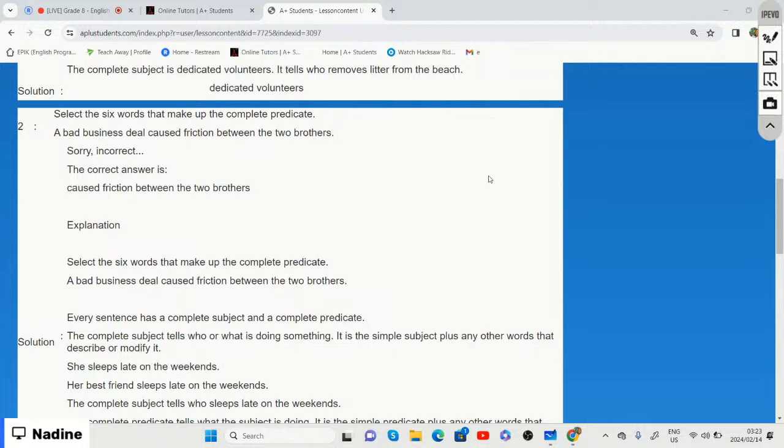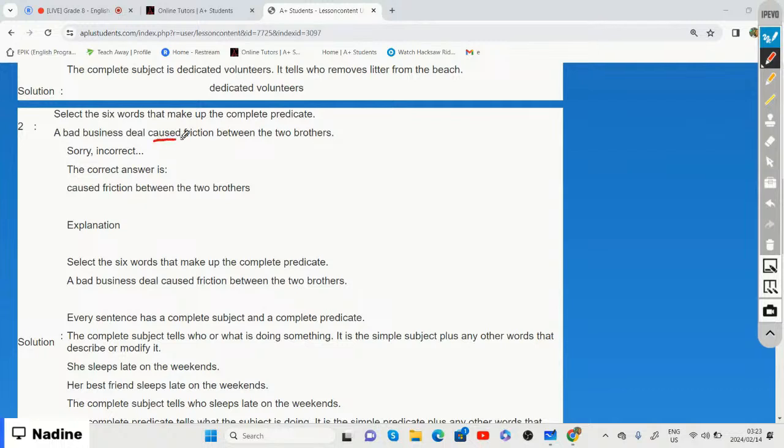And if they want us to select six words that make up a complete predicate, right? Six words that make up a complete predicate. Then we will start with caused friction between the two brothers. So, which means that a bad business deal is causing friction now between two brothers.